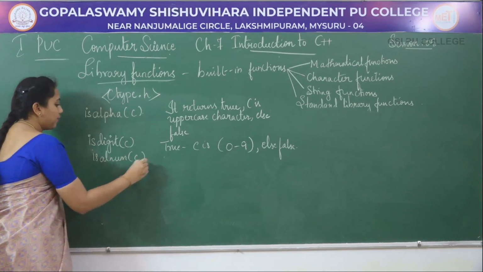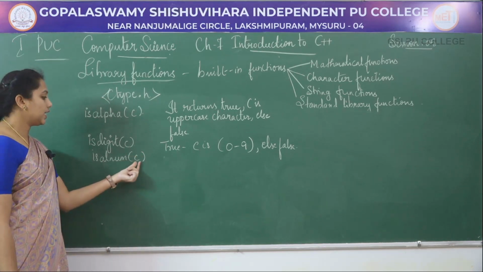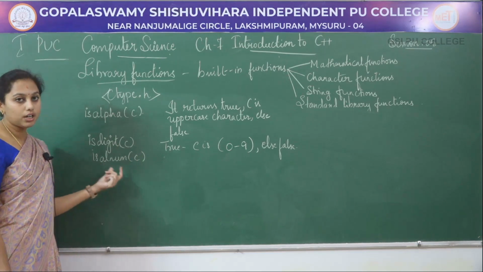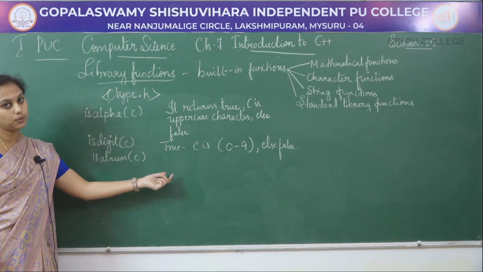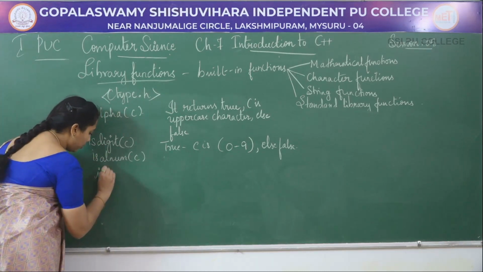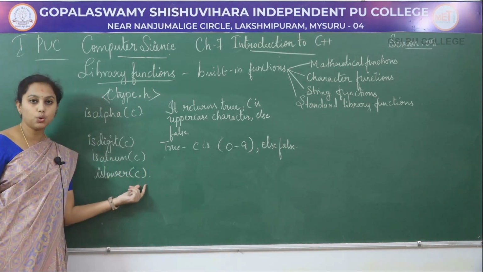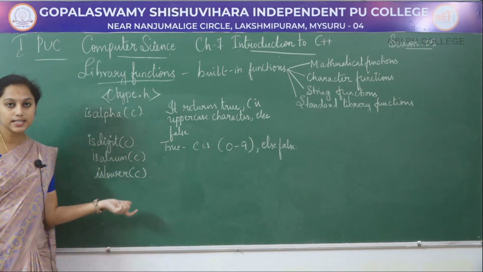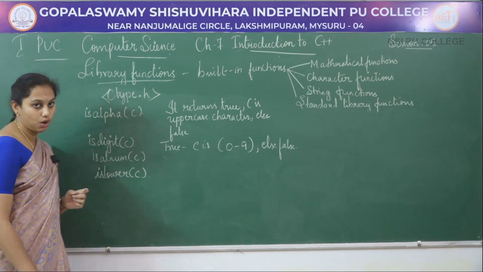Next is the isalnum function. This function returns true when c is an alphabet from A to Z, or a digit from 0 to 9, else it returns false.